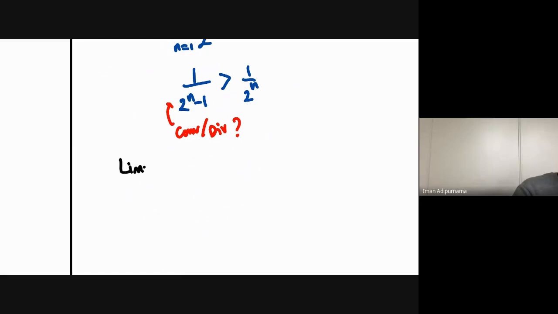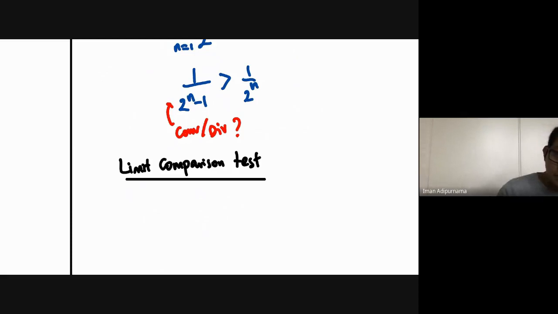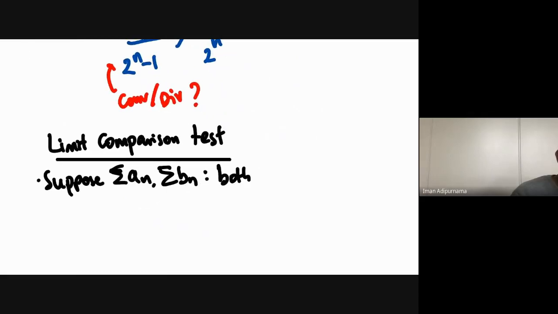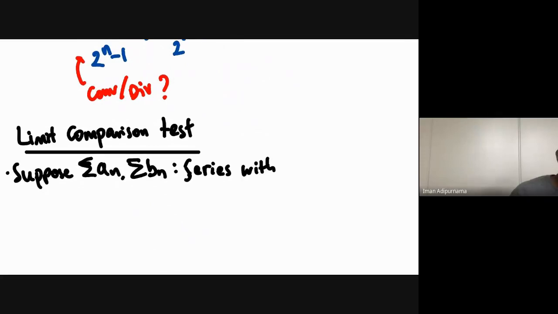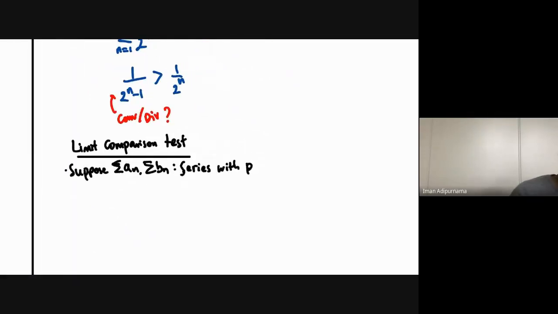This is called the limit comparison test. Let an and bn both be series with positive terms.